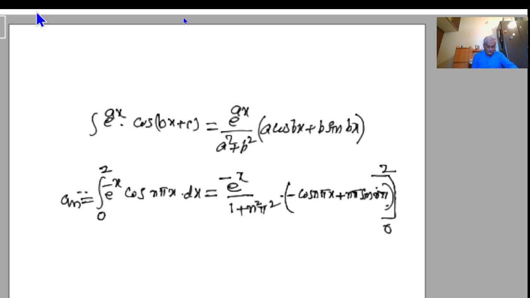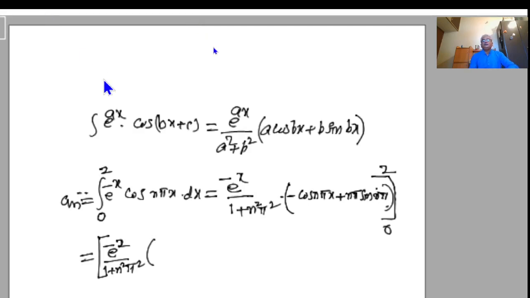Substituting the limits here. So first I will put the upper limit. For the upper limit, I have to put x equal to 2. Therefore, this becomes e power of minus 2 divided by 1 plus n square pi square into bracket. If I put x is equal to 2 here, then this becomes 2n pi.